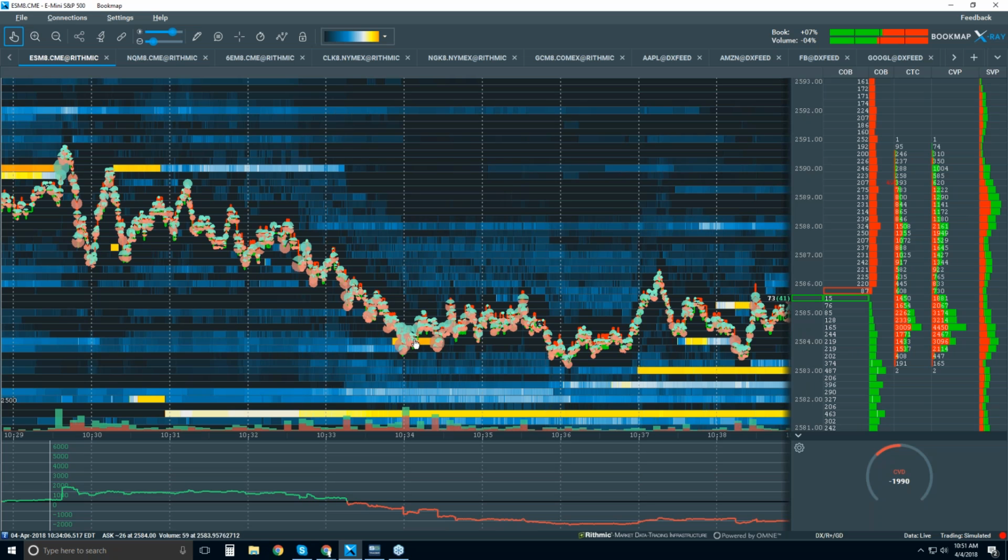Although it was very short term, and usually that short term liquidity, it's not nefarious, but it is usually to skew the auction. To maybe move price around some way, or maybe they just want to test the market, or maybe they truly do want to get filled. In this case, they did. They wanted to get filled, and they did get filled.